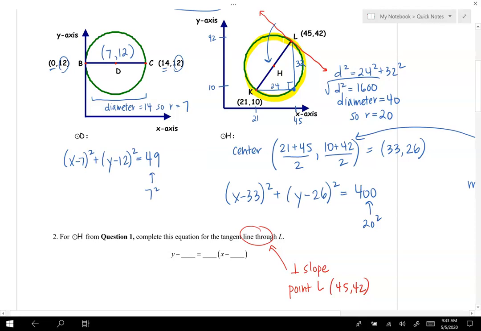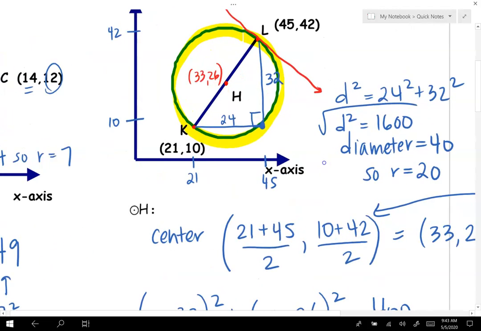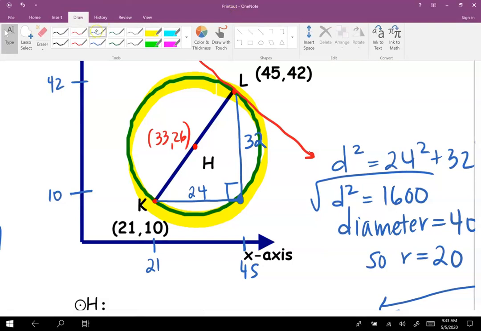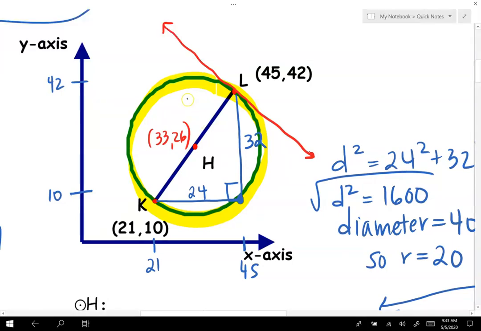Well, you found out the center here for H is 33, 26. I'm going to zoom in a little bit. Ooh, that looks good. If I make a slope triangle, a rise over run. Right now this is at 33 and this is at 26.